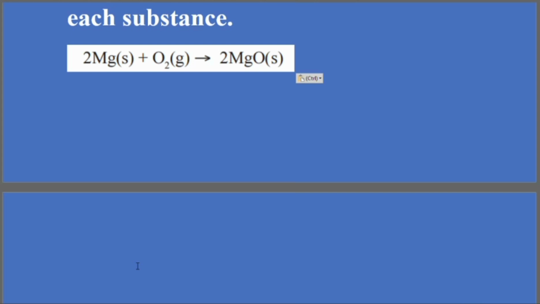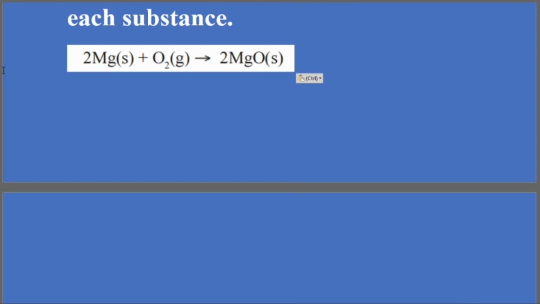So using those steps we can balance any given equation, as long as you use every step that we had and follow it to the letter.